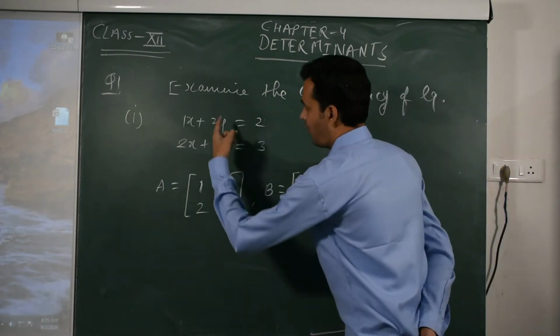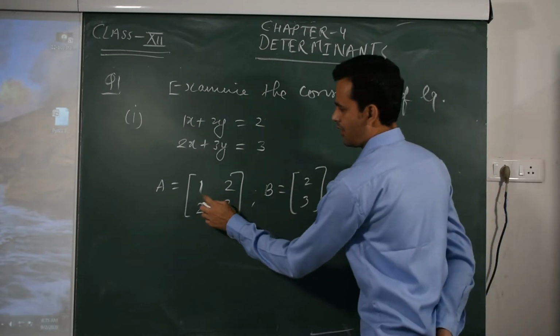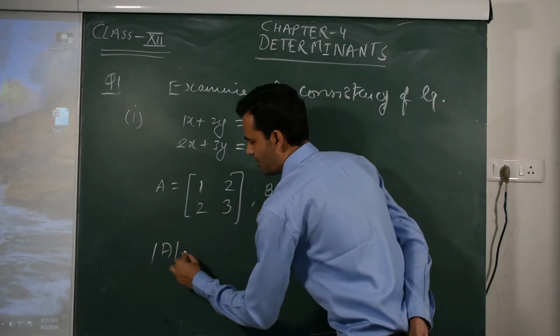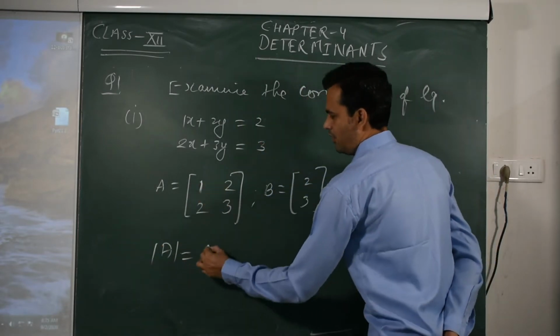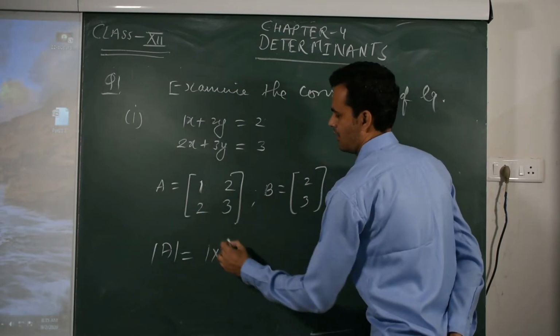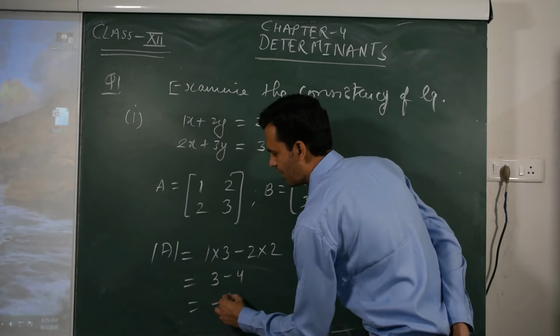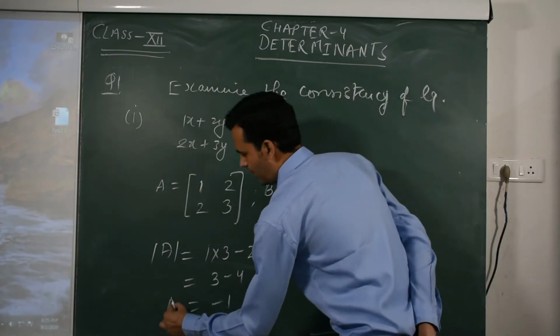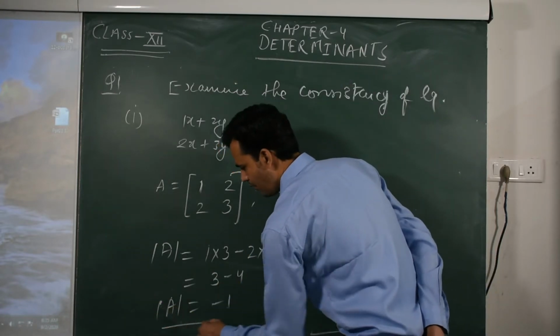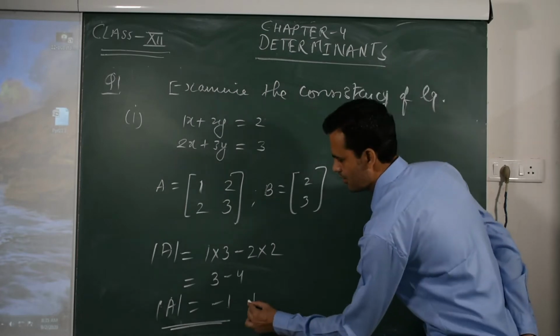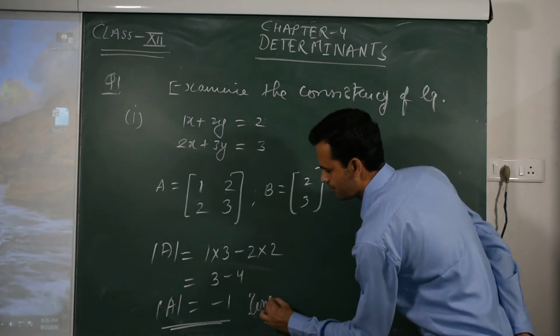So first for consistency we find determinant of A. Determinant of A is 1 into 3 minus 2 into 2. So it's 3 minus 4, it's minus 1. So the value of determinant A exists, therefore the system is consistent.